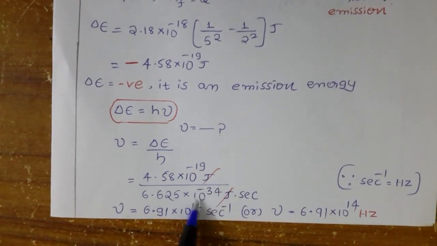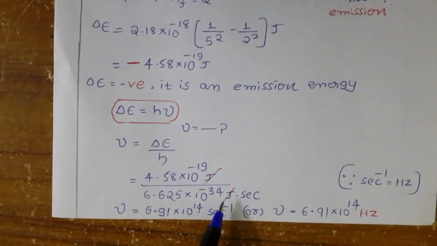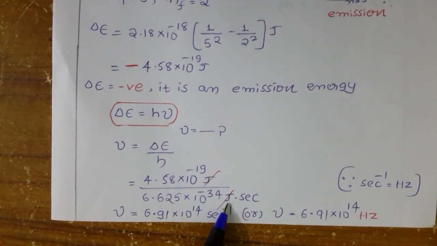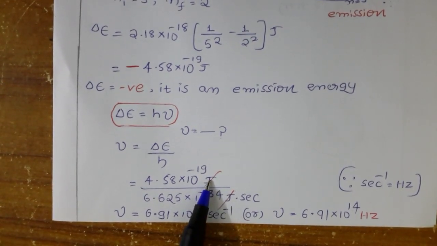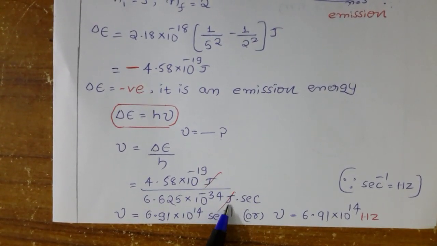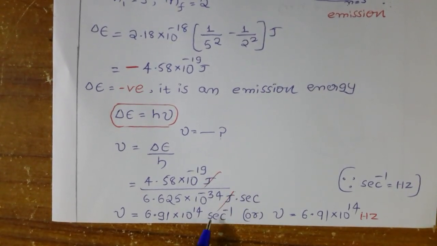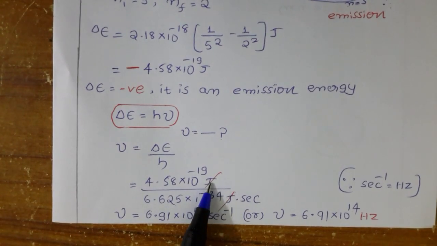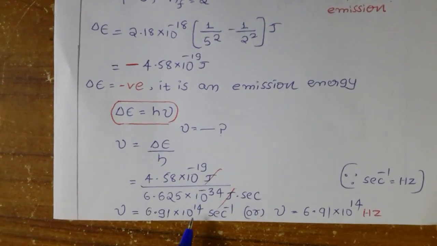Now come to the Planck constant h. Shall we take MKS or CGS? We have to take MKS. Why? Because the energy is in joules, so the Planck constant should be in joule-seconds. If you cancel the units, joule gets cancelled. So mu equals 6.91 into 10 to the power of 14.